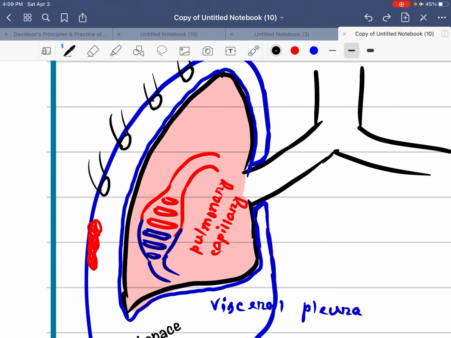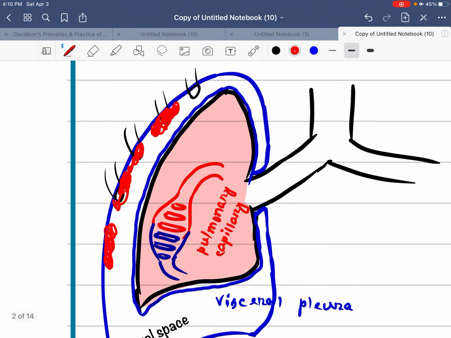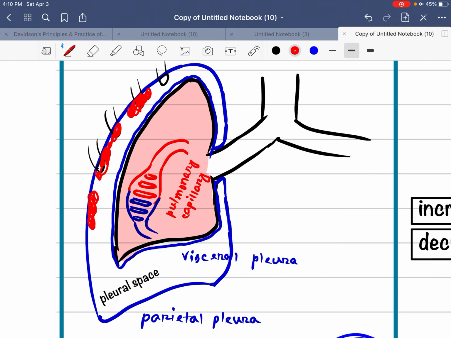So when there is malignant growth in the pleural lining, that means mesothelioma, look at this malignant growth obstructing the lymphatic openings.